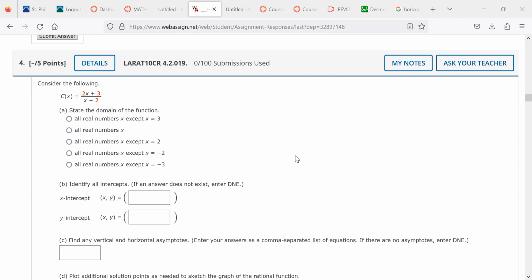Whenever you have a horizontal asymptote of y equals 0, you will not have an x-intercept. Well, that won't happen.